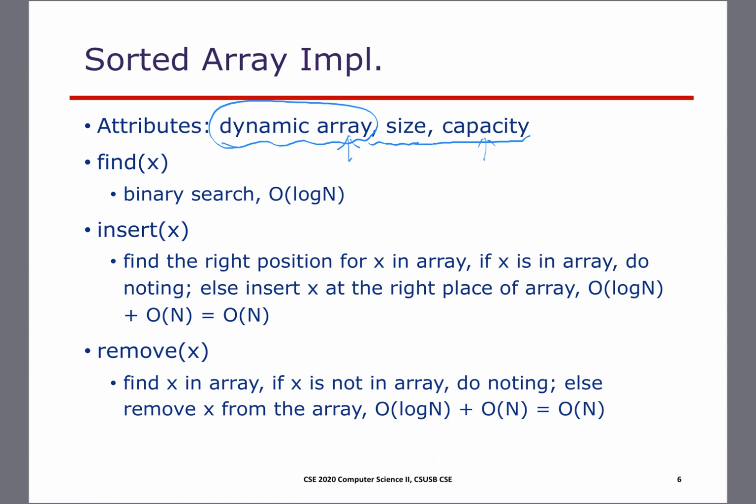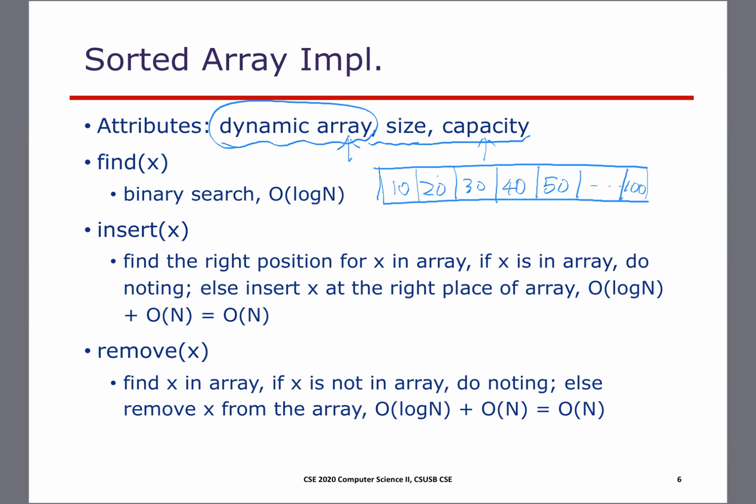And now this is a sorted array. So that means, for example, we have elements in this array: 10, 20, 30, 40, 50, and then 100.